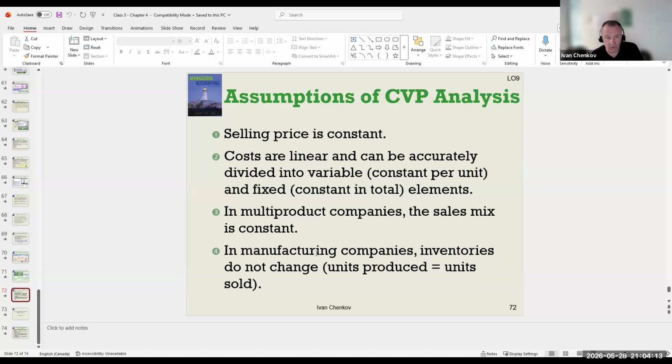So for all these things to work, we have to have a few things in mind. First, selling price doesn't change. Next, variable cost per unit doesn't change. Fixed cost in total doesn't change. It means the costs are linear.